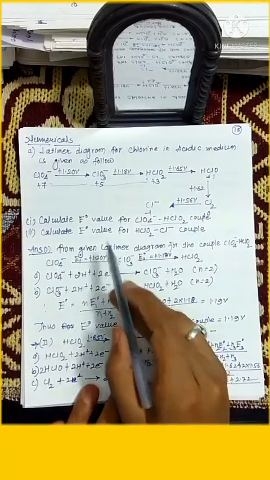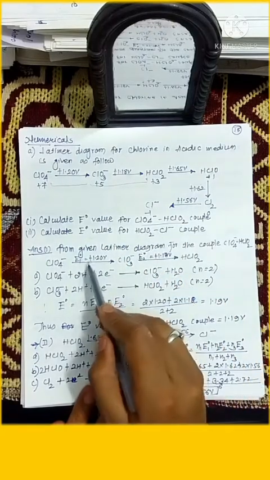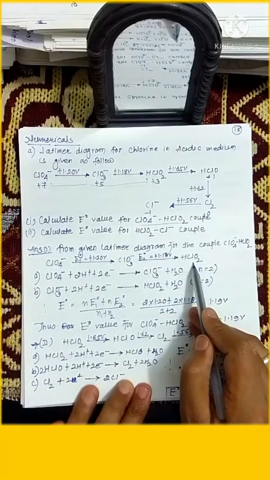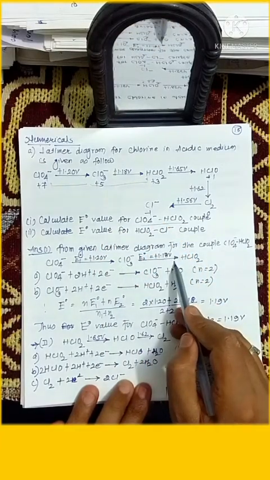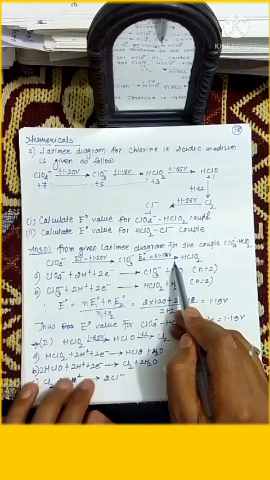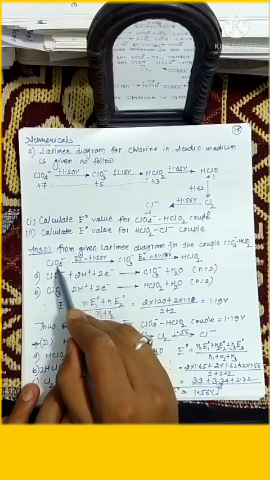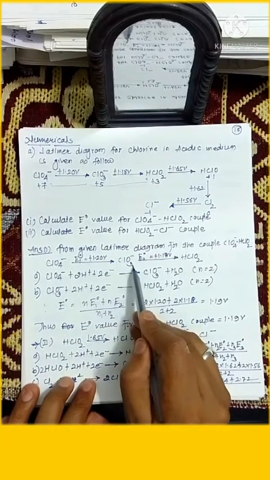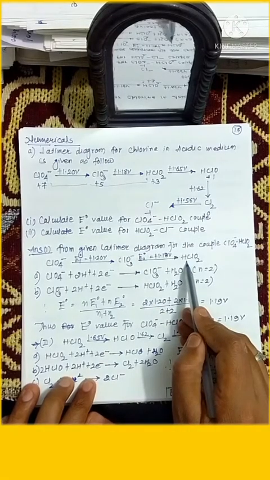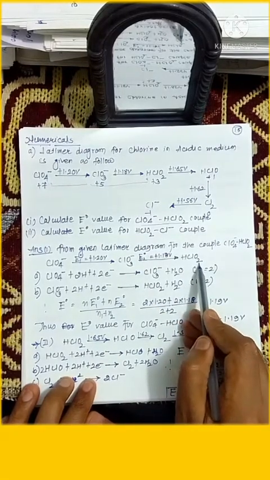So how are we going to solve this problem? First of all, we have to write that portion from the diagram for which we have to calculate the couple. So from this we write ClO4 minus gives ClO3 minus gives ClO2.